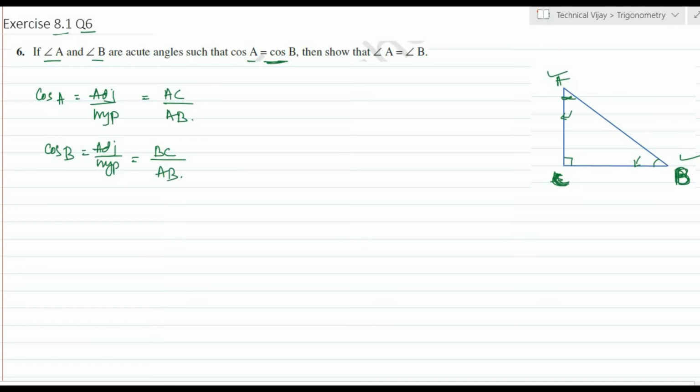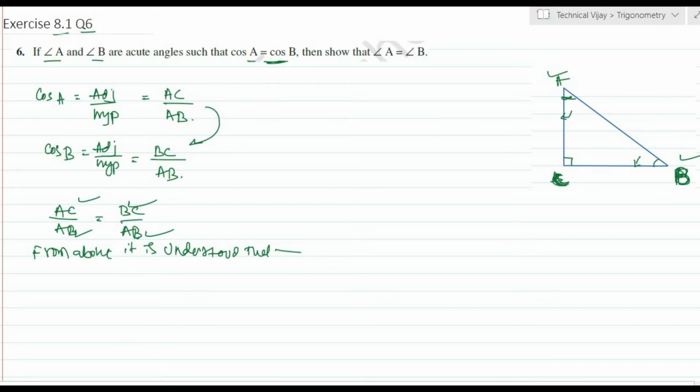It is given that cos A equals cos B, so AC divided by AB is equal to BC divided by AB. From the above it is understood that the denominators are equal, so AC is equal to BC.